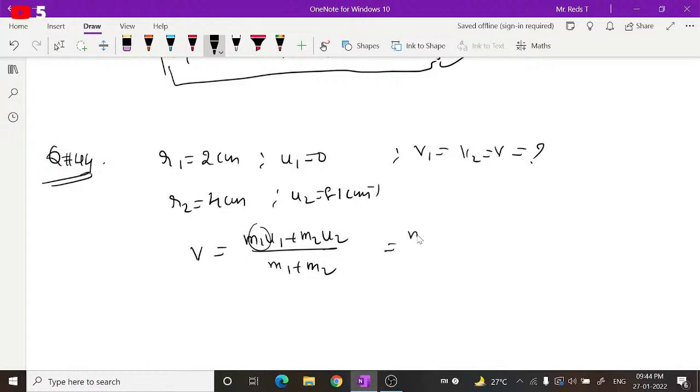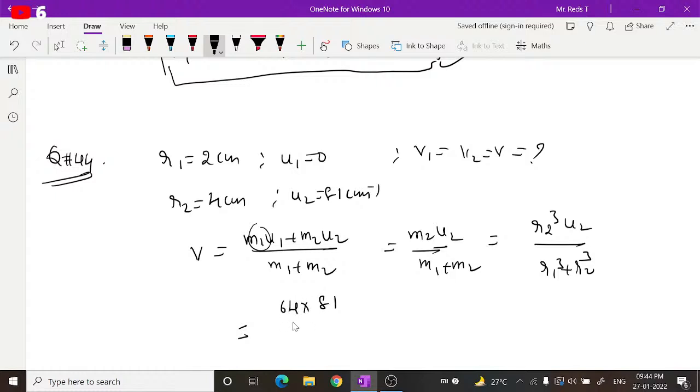But masses are not given, radii are given. Then you can write as mass is proportional to radius cube, so r2 cube u2 divided by r1 cube plus r2 cube.